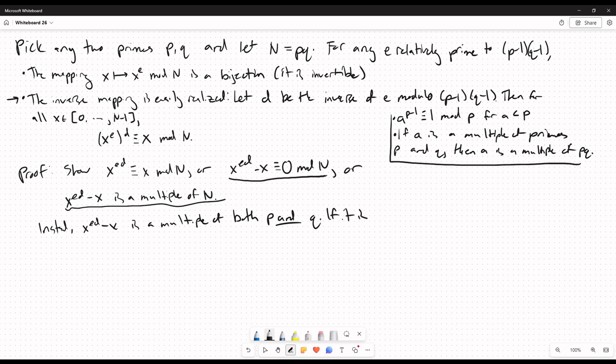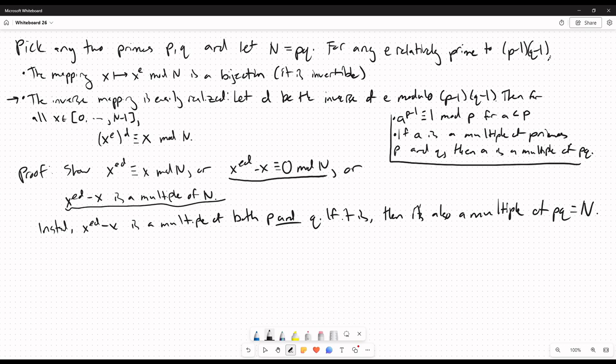If it is, then it's also a multiple of pq, which equals n, and that's by our second property here. Okay, so that's our goal. We've taken one question and turned it into a totally different question, which will somehow show the same thing.